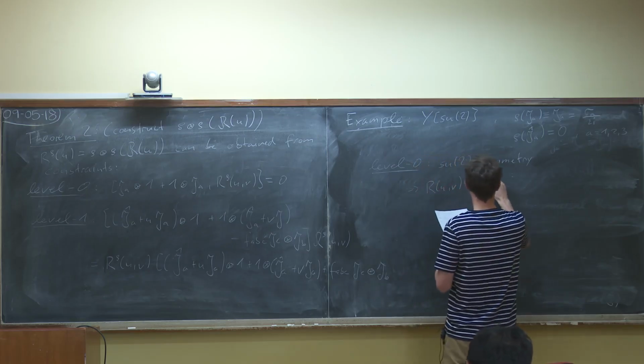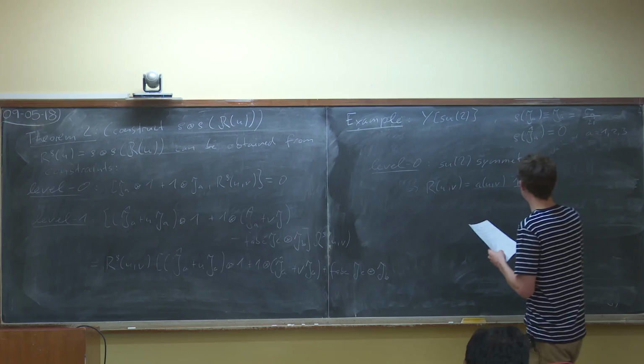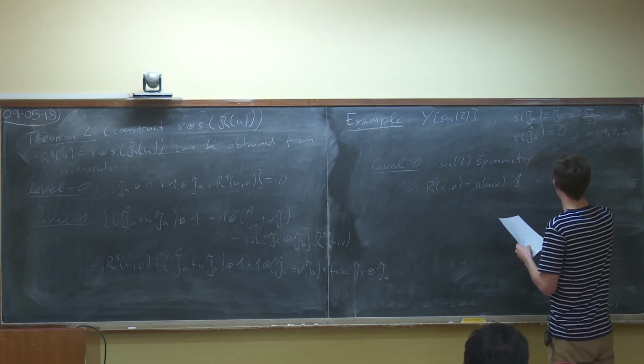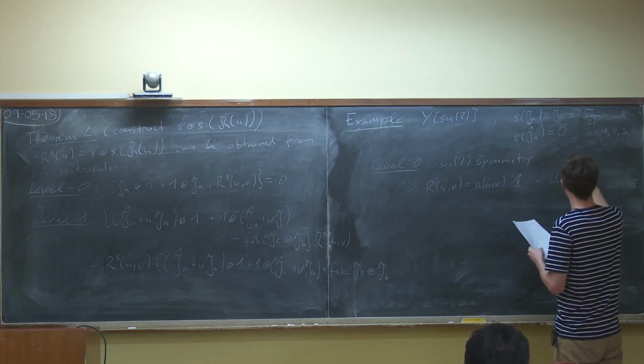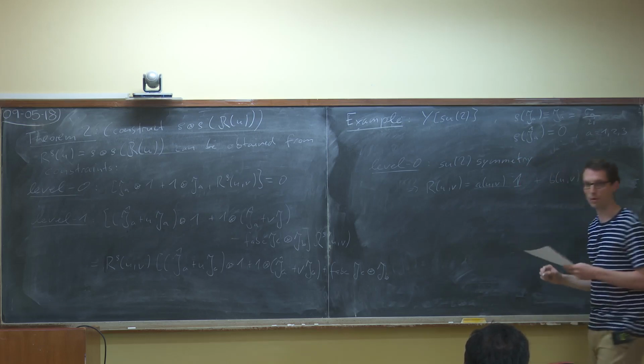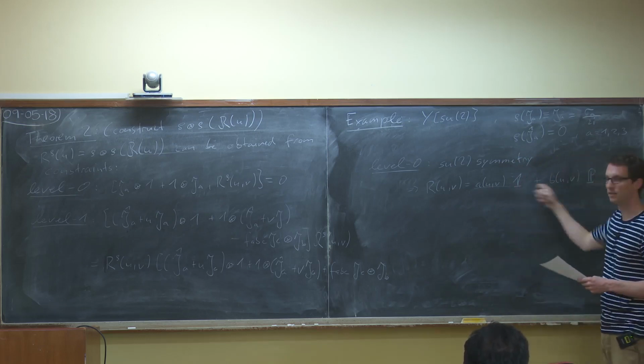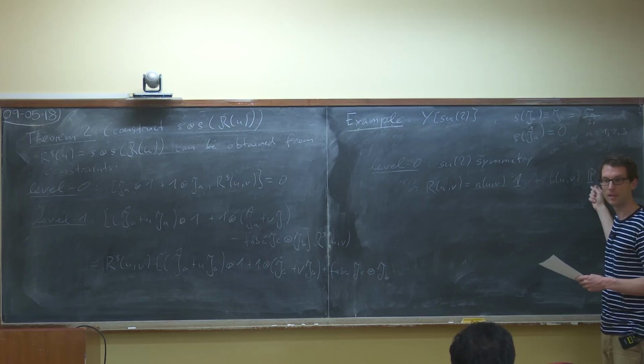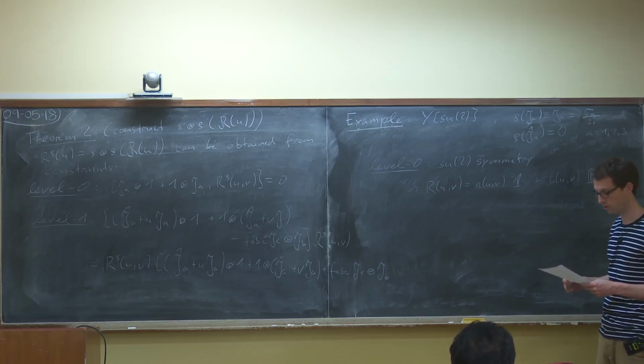So I have some coefficient of U and V times the identity plus another coefficient of U and V times the permutation operator. So these are the only invariants under this tensor product SU2.